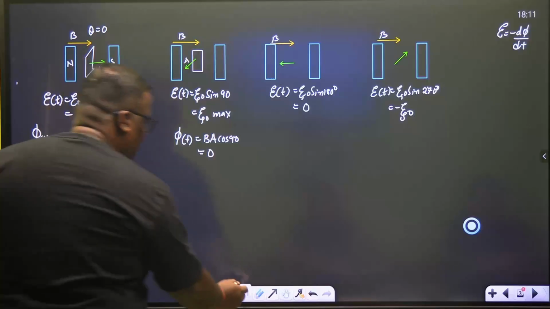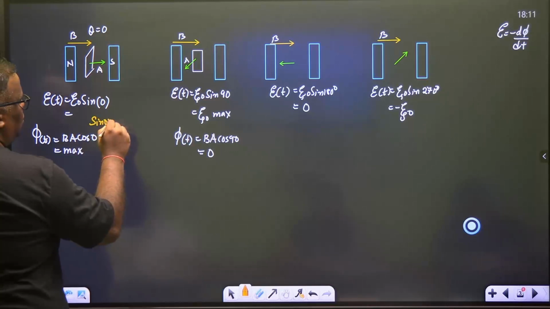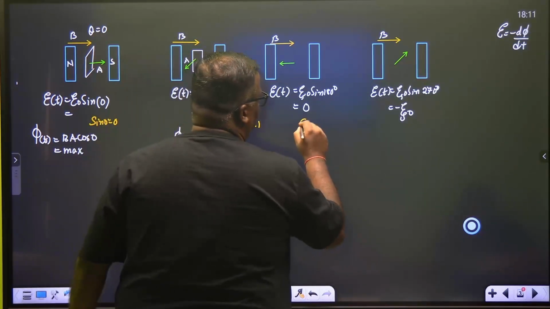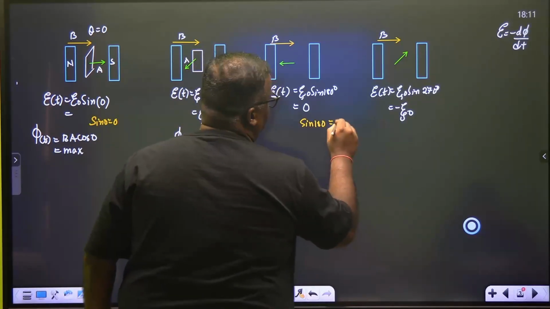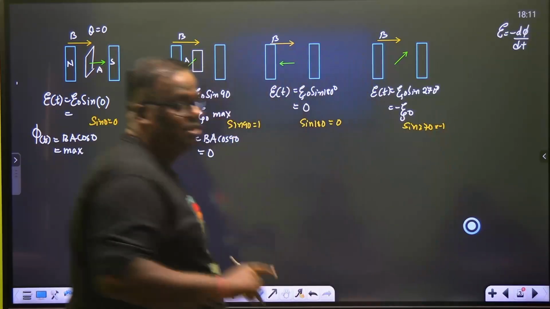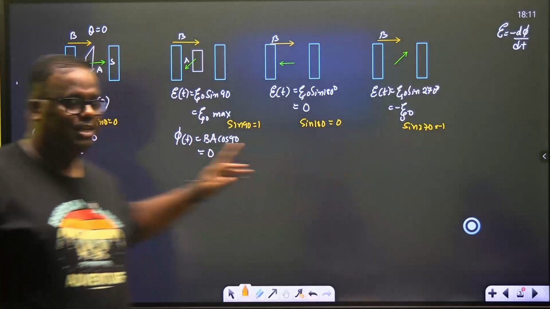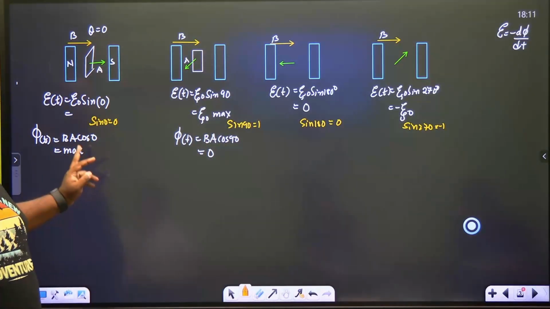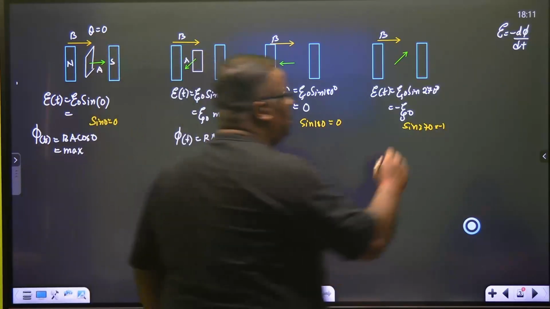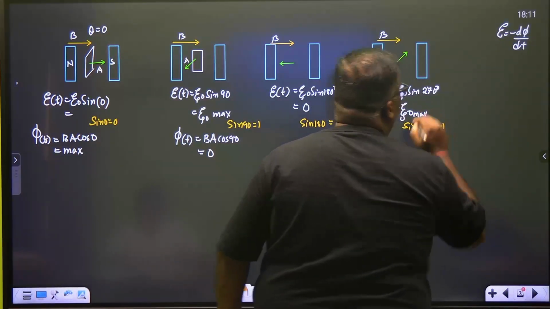If you see the sine values, let me write them in yellow: sine 0 is 0, sine 90 is 1, sine 180 is 0, sine 270 is negative 1. This is the mathematical proof that your EMF is changing direction. E is 0, E max positive, E is 0, now you are getting E negative max. Arjun, is it clear or not? You are getting E negative max.